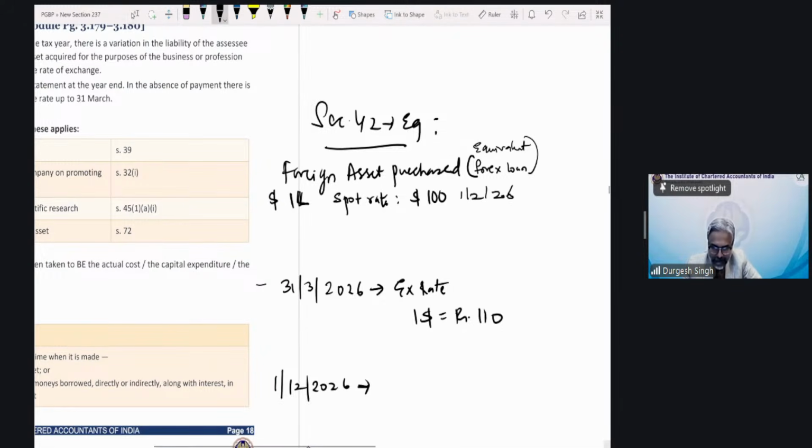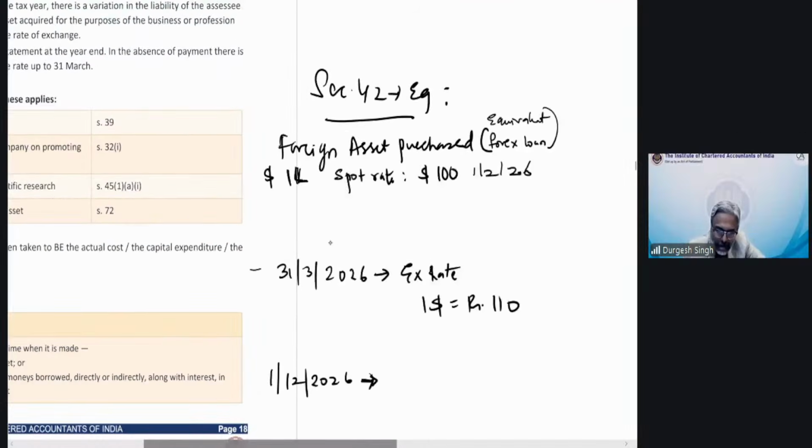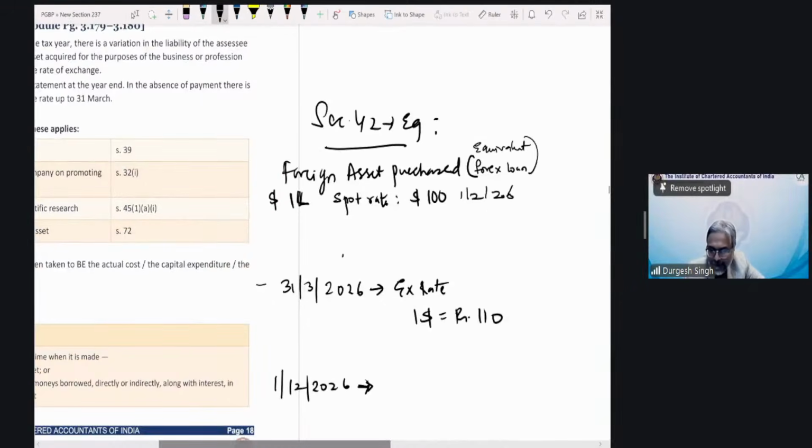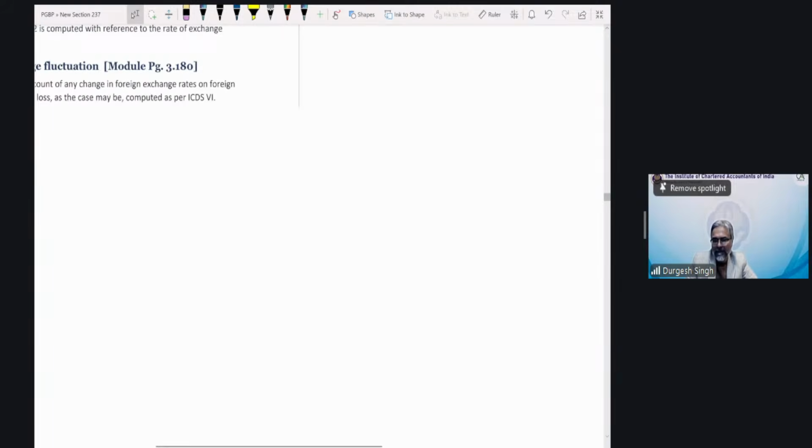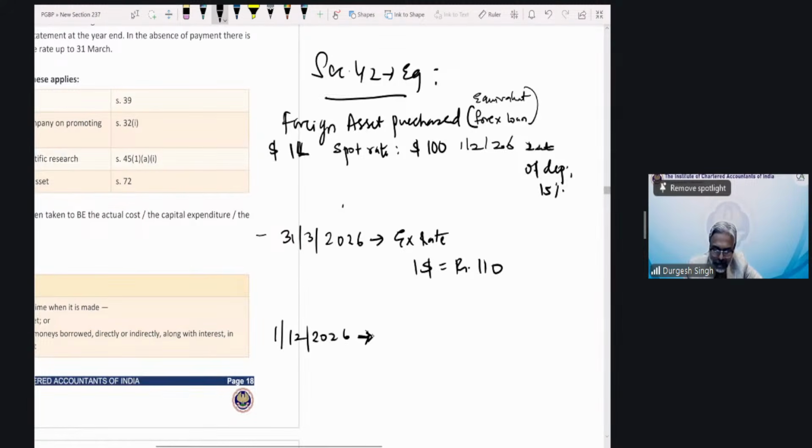Now, friends, over here, the rate of depreciation is, say, 15% of that asset. Then on 31st March 2026, the exchange rate was $1 equal to 110. And finally, on 1st of December 2026, the forex loan was repaid.